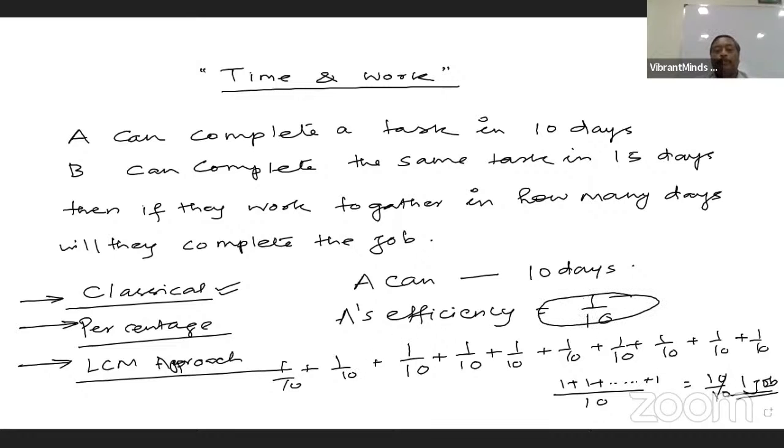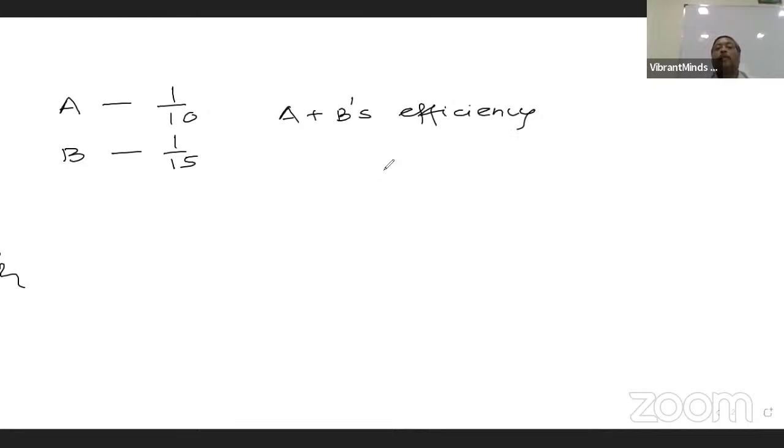Now see how we do it. A's efficiency is 1 by 10. B's efficiency is 1 by 15. So can I say A plus B's combined efficiency is how much? It will be equal to 1 by 10 plus 1 by 15.